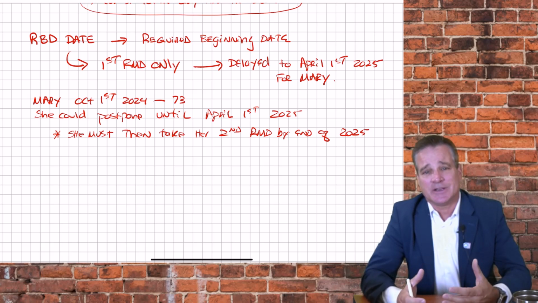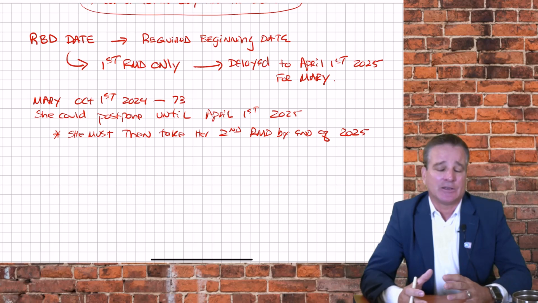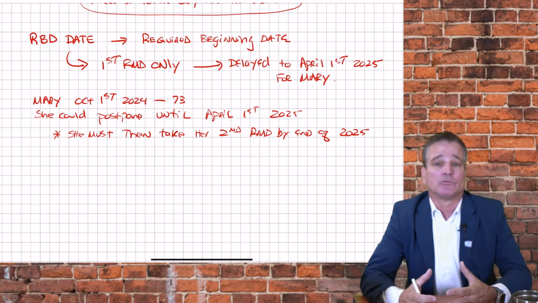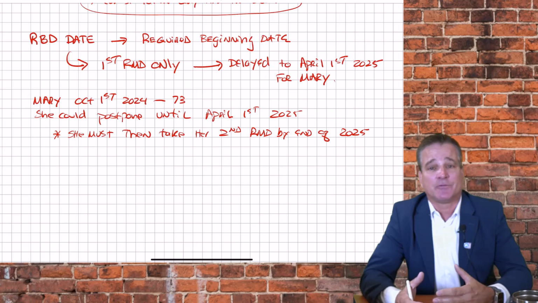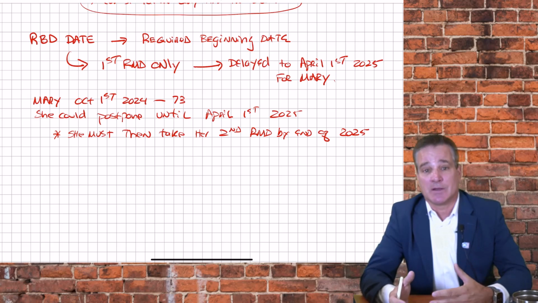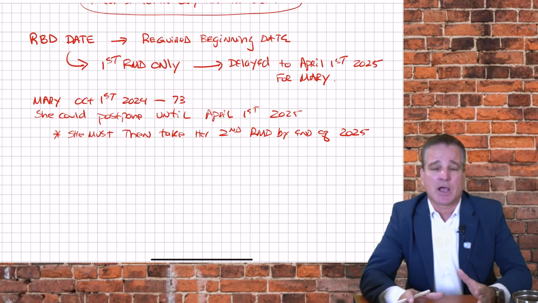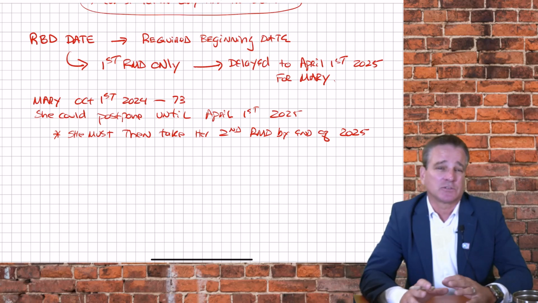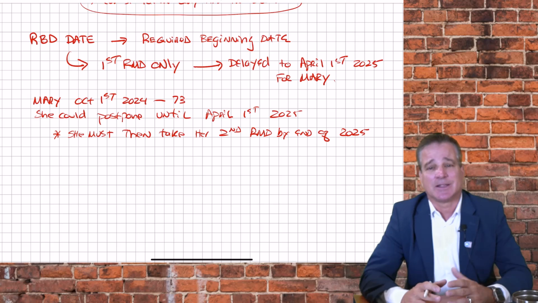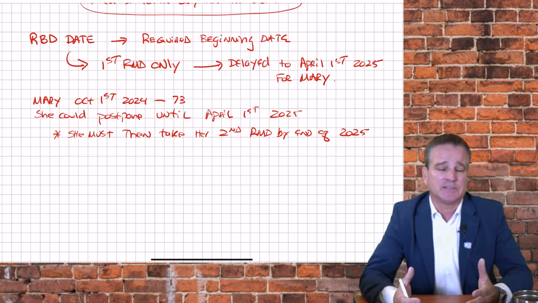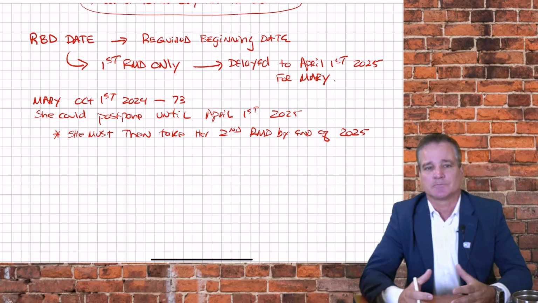Now, in this episode, I don't really have time to go over all the rules on how you can delay 401k required minimum distributions, but I promise we'll cover that in some future videos, so stay tuned for that. We'll talk about employer-sponsored plans like 401ks, 457Bs and 403Bs.